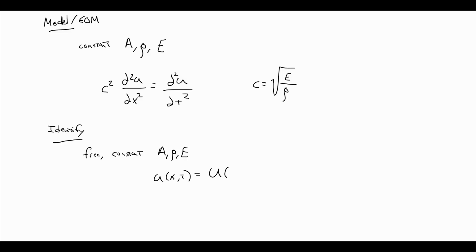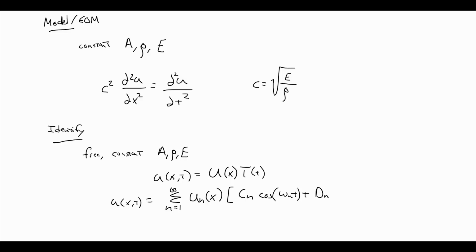So it's going to be a u that's a function only of x times a T that's a function only of time. What that's going to look like when we put it all together is the summation from n equals 1 to infinity of our eigenfunction that we're going to find, U sub n, times a cn term times a cosine of omega n t, plus a dn coefficient times the sine of omega n t when we find those natural frequencies.